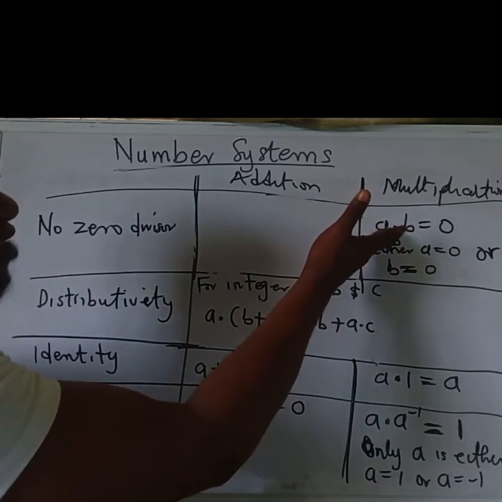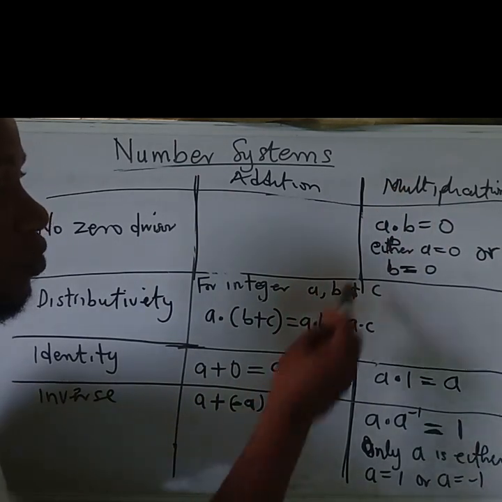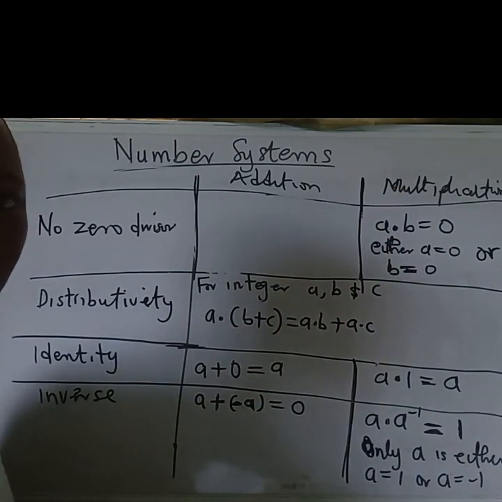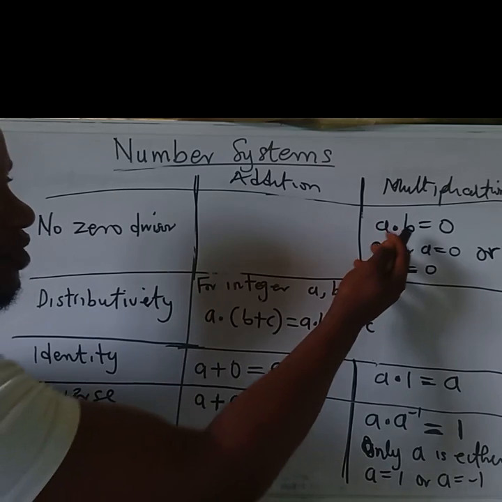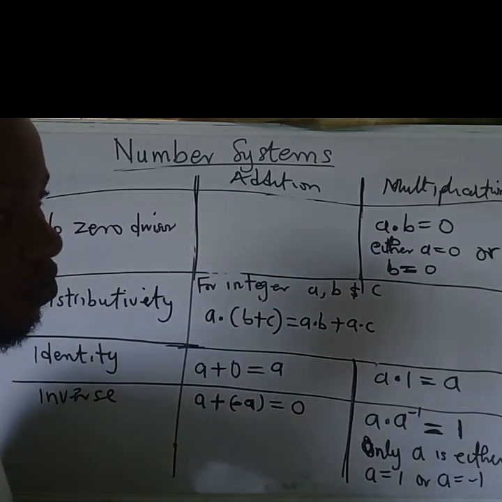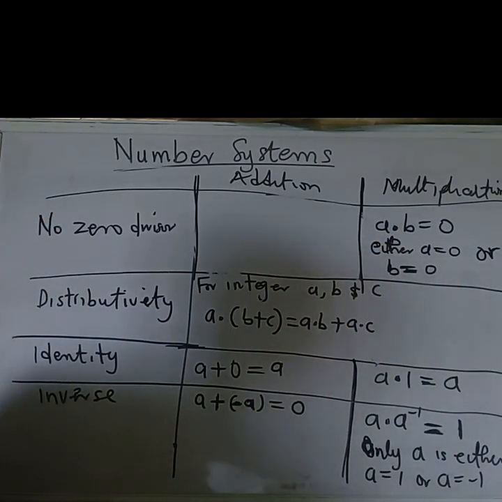If the first factor is 0, that will help us get the first root of the equation, and if the second factor is 0, that will help us get the second root of the quadratic equation. So this is that on the integer numbers.